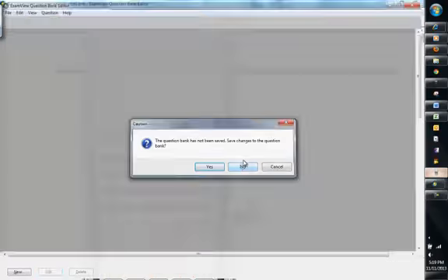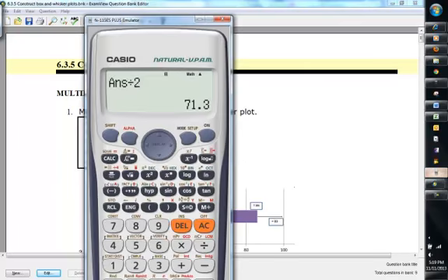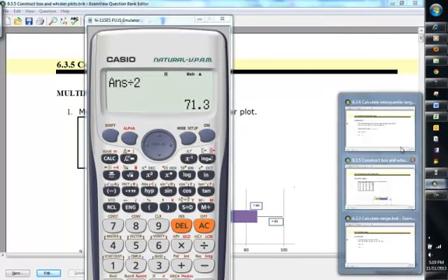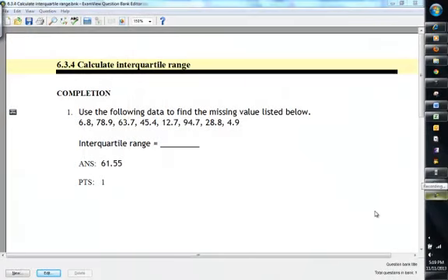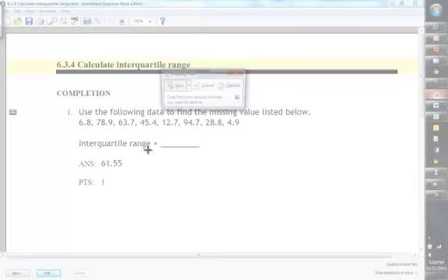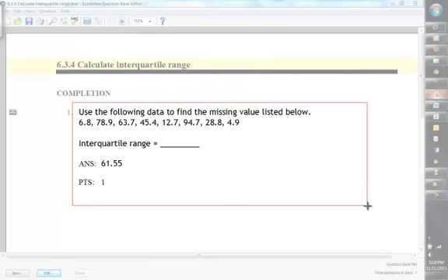That's quartiles. Then let's go to the next thing, which is interquartile range. The first thing we have to do is find the two outside quartiles.